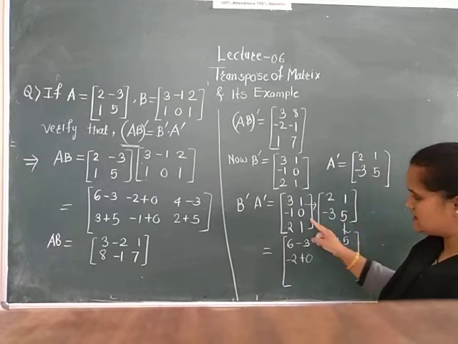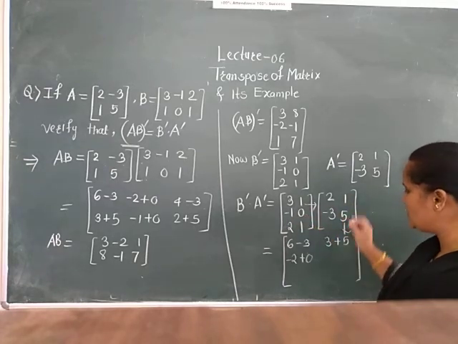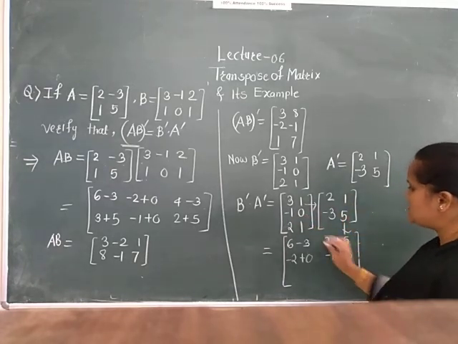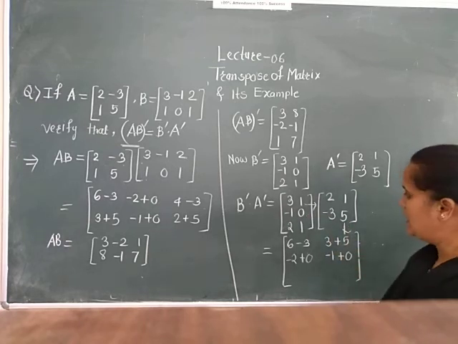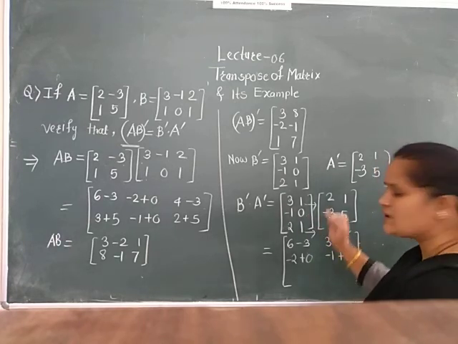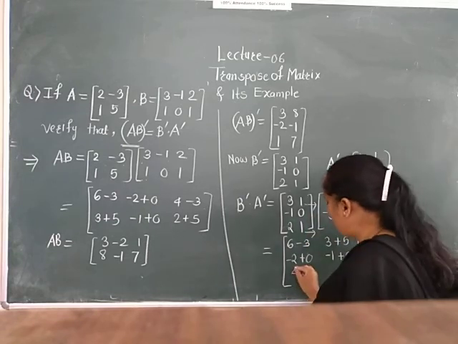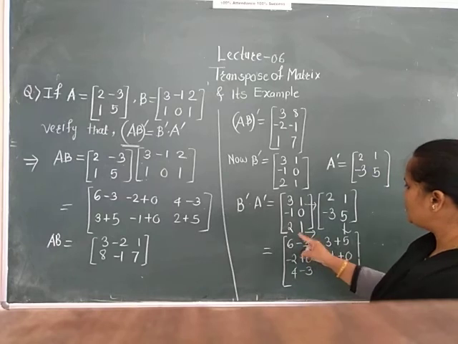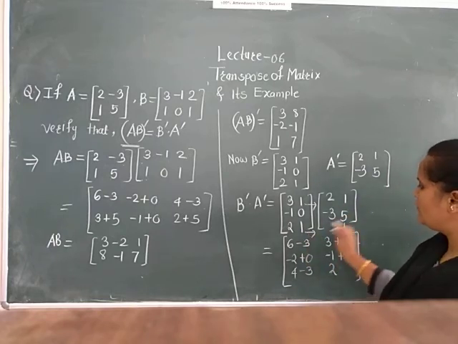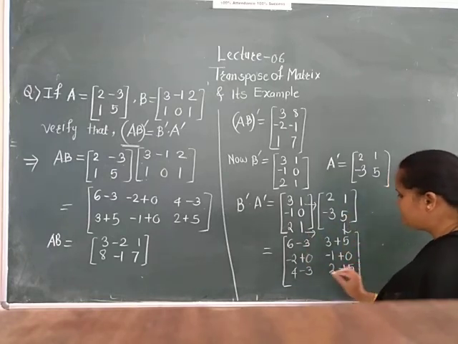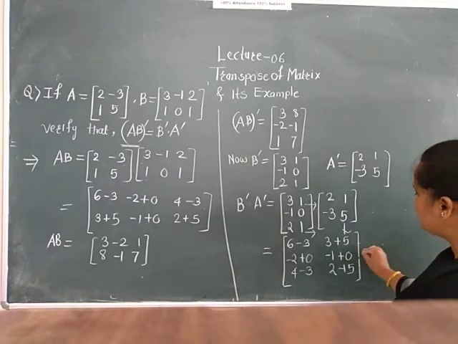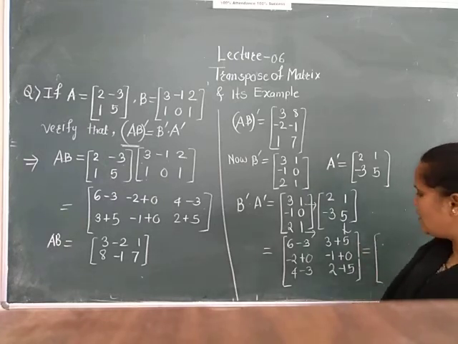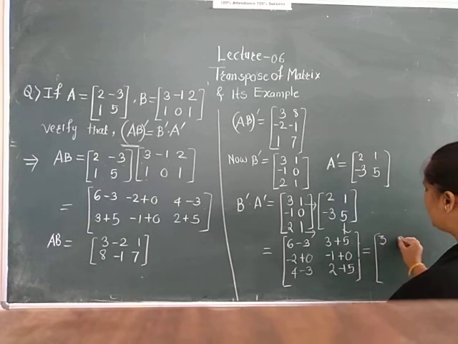Second row, second column, minus 1 into 1, minus 1, and plus 0 into 5 is 0. Then third row, first column, 2 into 2 is 4, 1 into minus 3, minus 3, 2 into 1 is 2, 1 into 5 is 5. Now simplify all this, it becomes 3, 8, minus 2, minus 1, 1, 7.